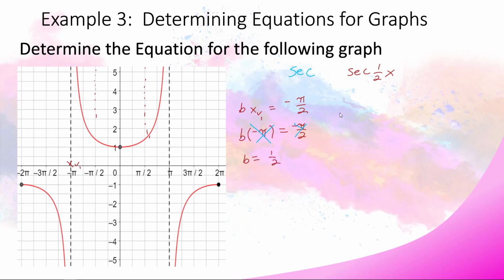And so that gives me that y is equal to the secant of 1/2 times x. Is there any vertical scaling going on here? No, because when x is equal to 0, secant is equal to 1, so there's no vertical scaling. And also, when x is equal to 2 pi, we have negative 1 and negative 1 here. So it turns out that this right here is our answer.